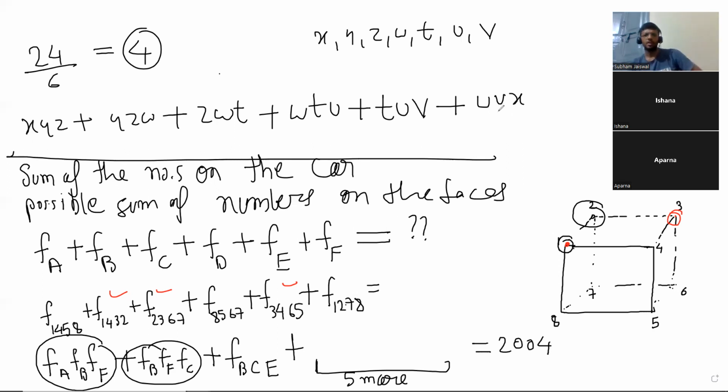UVX. Let us. That is a good idea, I think. Each one of them. So currently everything is appearing only once. Yeah, that is one way, but I am trying to.